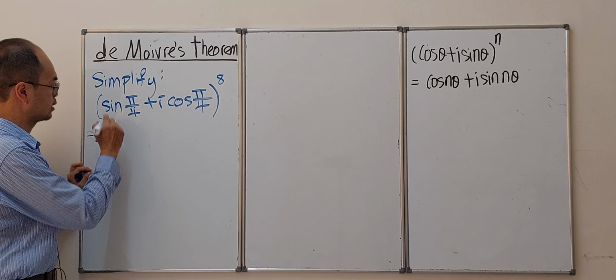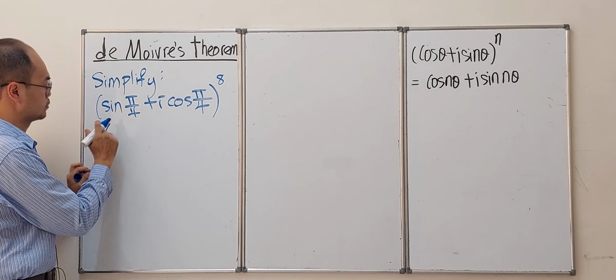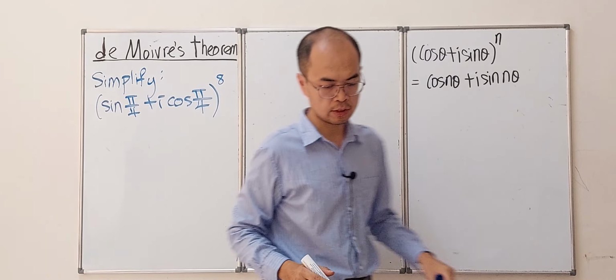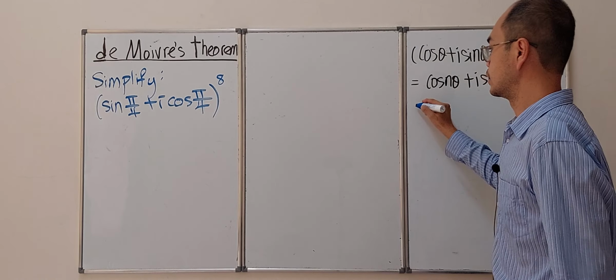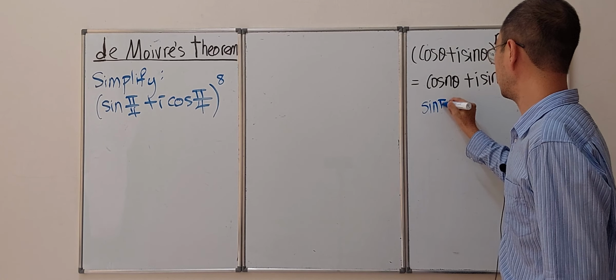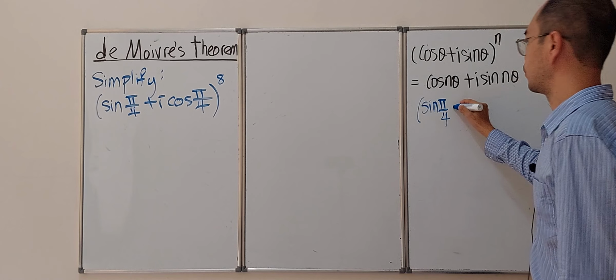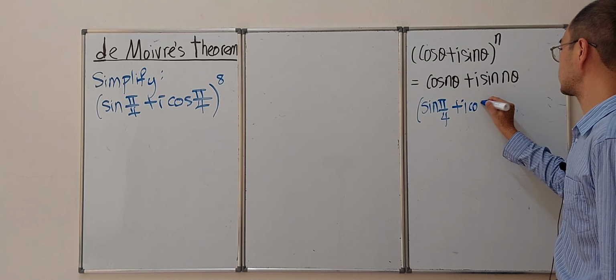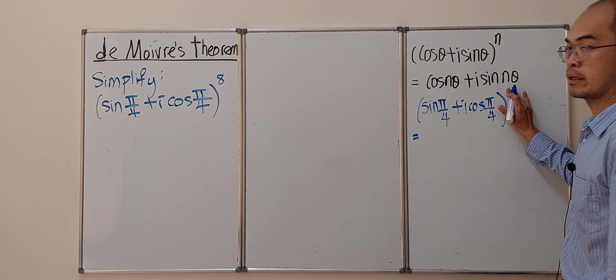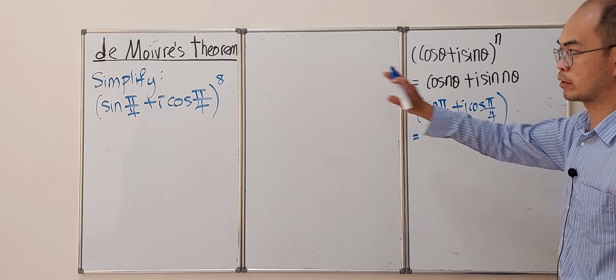So then inside here I will have, I rewrite here, see carefully: sine pi over 4 plus I cos pi over 4. For now, I don't talk about the power of 8.